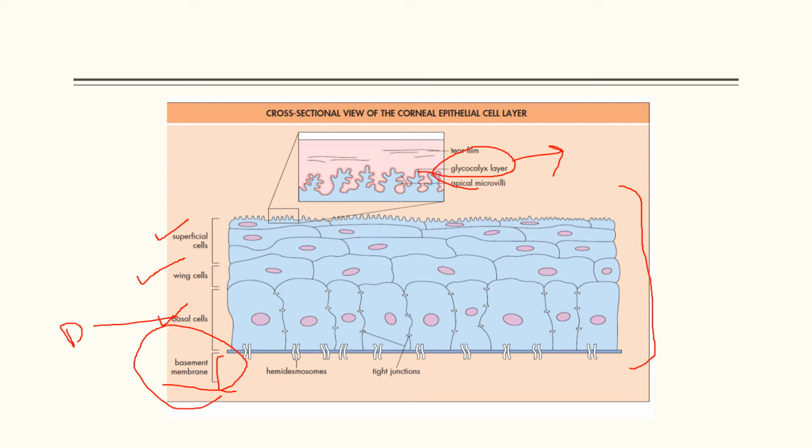This glycocalyx layer converts the hydrophobic surface into a hydrophilic surface. Now, if the surface were not hydrophilic, there would not be an equal and smooth spread of tears on this surface, which is very important.